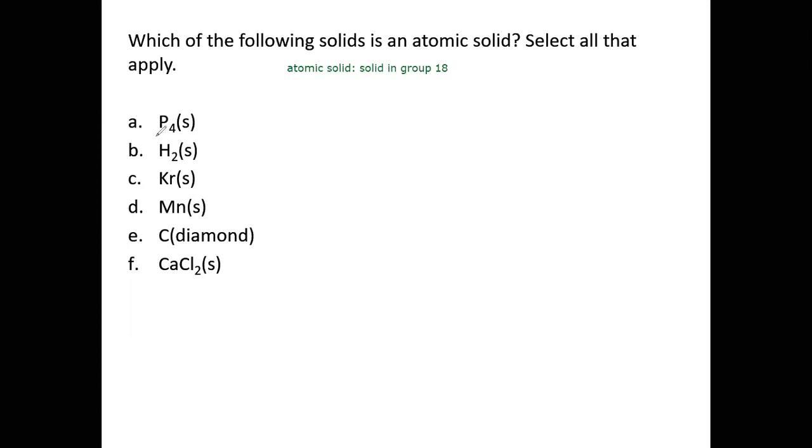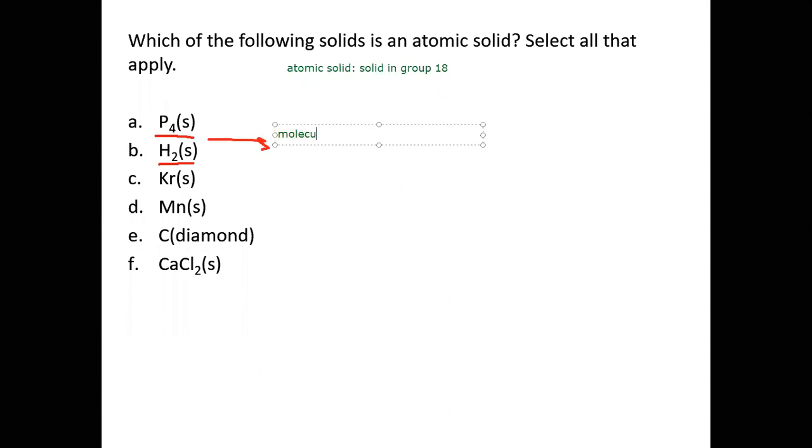So first we have P4. You'll notice here P4 and also H2, there are only nonmetals in the formula. Whenever you're looking at a solid and there are only nonmetals in the formula, this indicates that these are molecular solids, because molecular solids only have nonmetals in the formula.